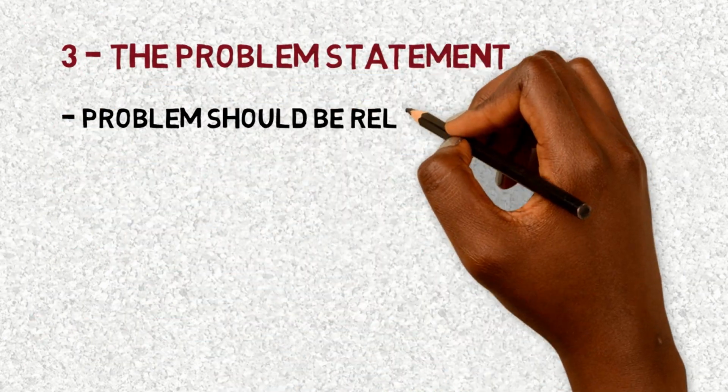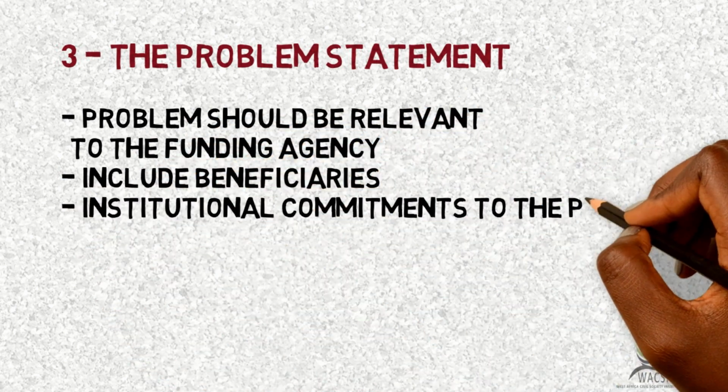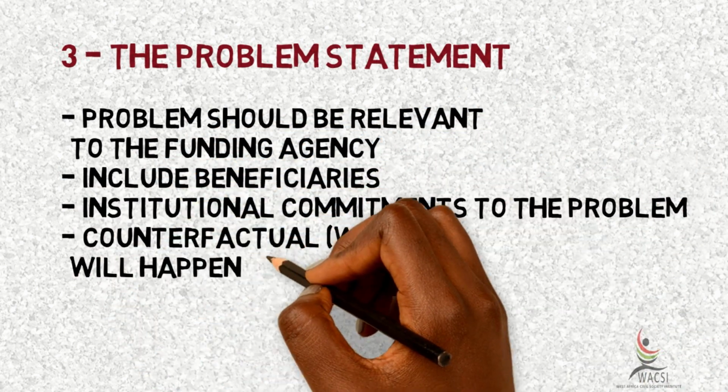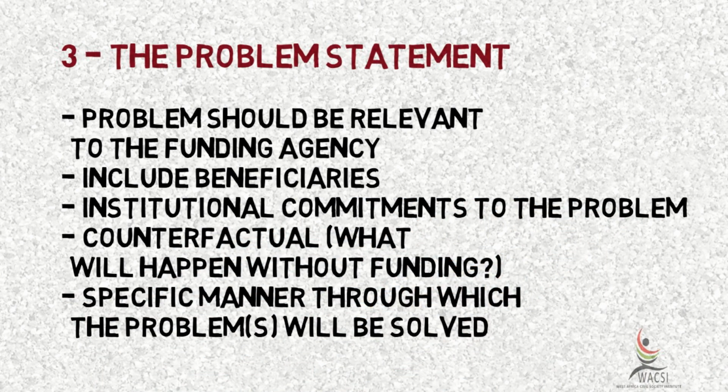So the problem should be relevant to the funding agency. It should include beneficiaries, institutional commitments to the problem, and of course the counterfactual. What will happen without the funding support, and why it's important for someone to support your institution to respond to the problem.